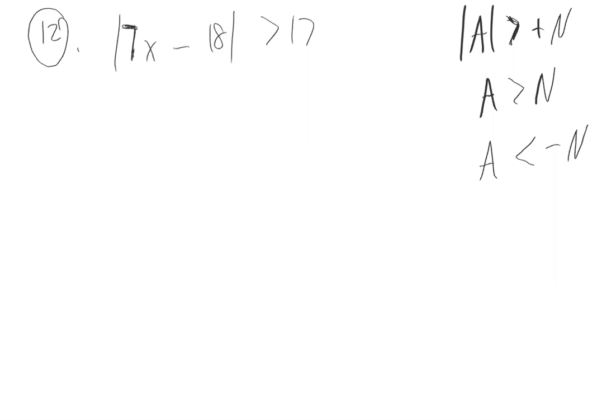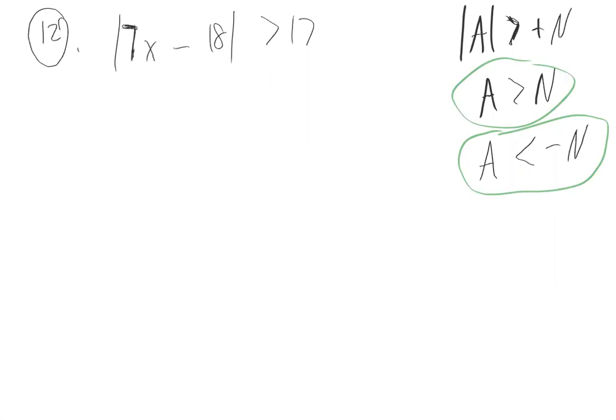So being a big absolute value, an absolute value greater than a number, means you could be a big positive number or a big negative number. But big negative numbers are indicated by a less than sign.